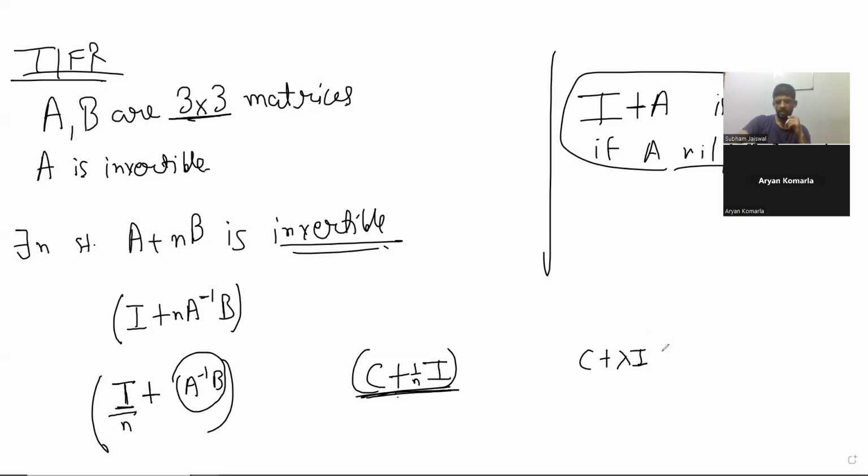You know that at 0 it is invertible, and it turns out that there is a set of points lambda for which this is not invertible.